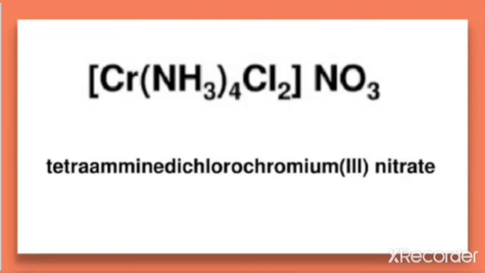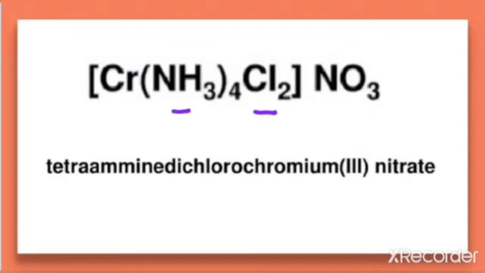As I told you, first we have to name the ligands. But if more than one type of ligand is there, we have to follow the alphabetical order. NH3 is ammine. How do we name Cl? Chloro, or chlorido. Either can be followed.